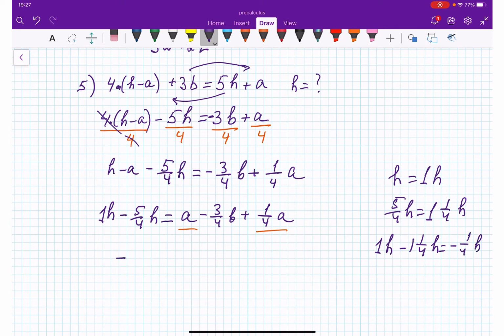So negative 1/4 H. And we have here A plus 1/4 A. A plus 1/4 of A, meaning 1A plus 1/4, 1 and 1/4 of A. So it's going to be negative 3/4 of B plus 1 and 1/4 of A.